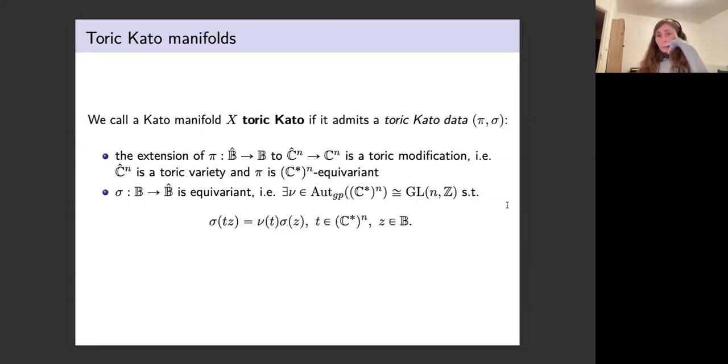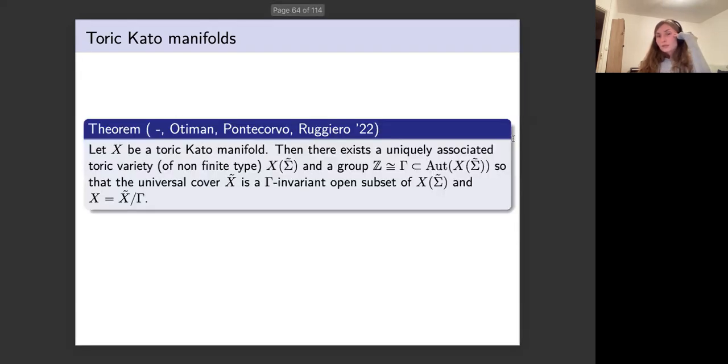And so starting from this notion, you're essentially just asking that both these data are compatible with the torus action. We can show that all this sort of Kato manifolds, so toric Kato manifolds, can be realized via toric geometry. So what we exactly do is we can construct an algebraic toric variety, but with non-finite type, meaning it's not covered by finitely many affine charts.